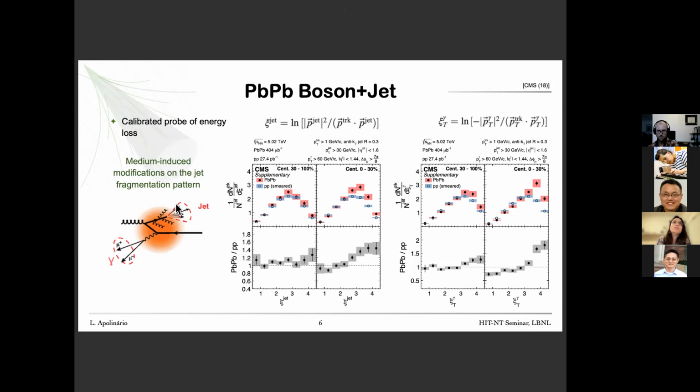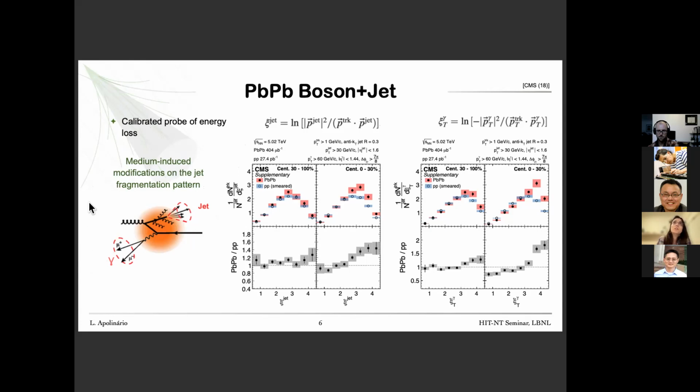And this means that when I afterwards detect my jet, I always have a good handle on the total amount of energy that the jet has lost. And this means that I can control exactly what kind of jets I'm looking at, so if they are strongly quenched or weakly quenched, depending on the energy asymmetry between these two objects.